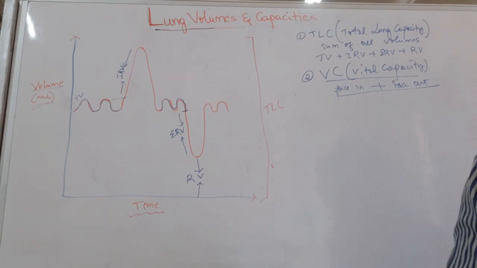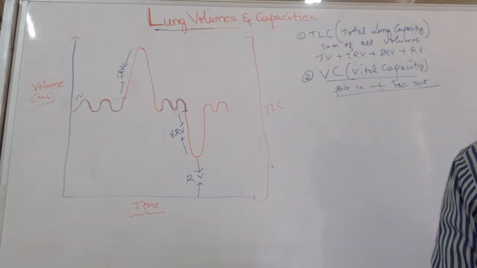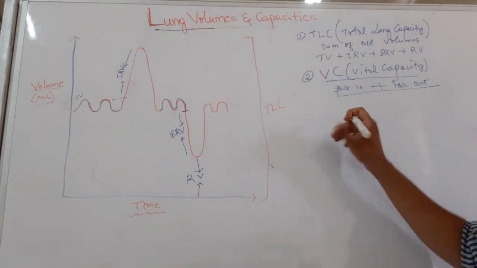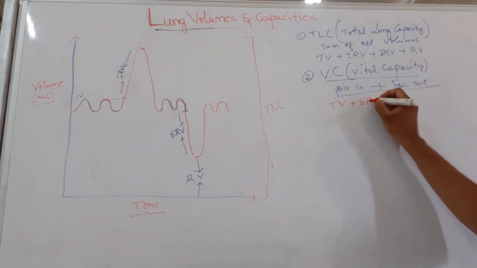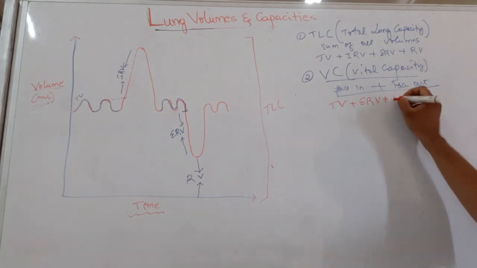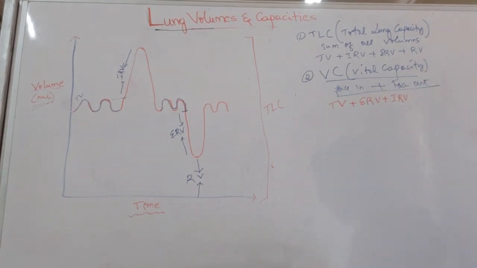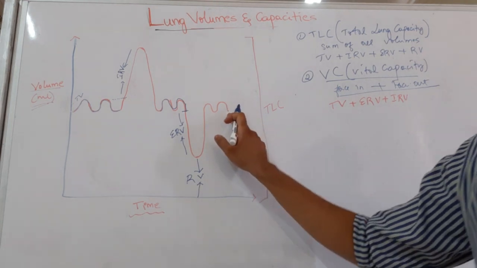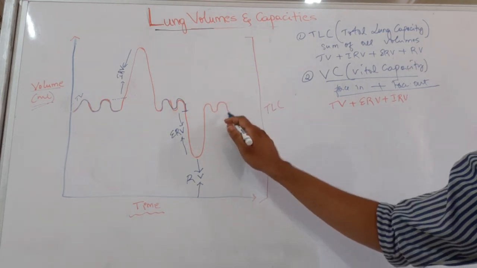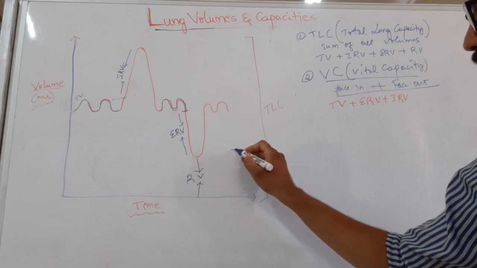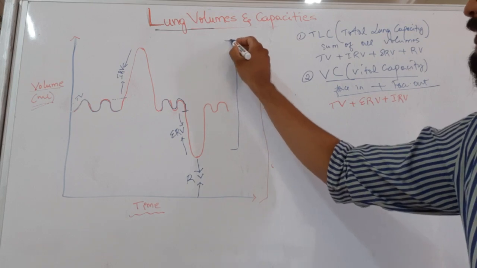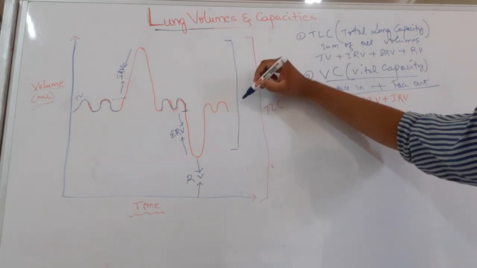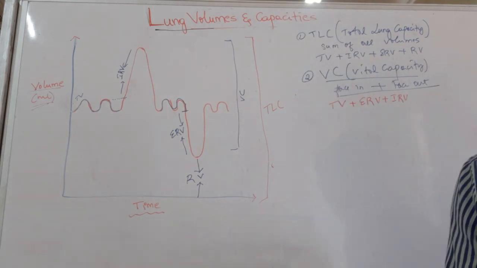It is equal to the tidal volume plus expiratory reserve volume plus inspiratory reserve volume. Tidal volume is the normal amount of air that moves in and out. Forcefully you can expire up to the expiratory reserve volume, and forcefully you can inspire the inspiratory reserve volume. This is referred to as vital capacity.